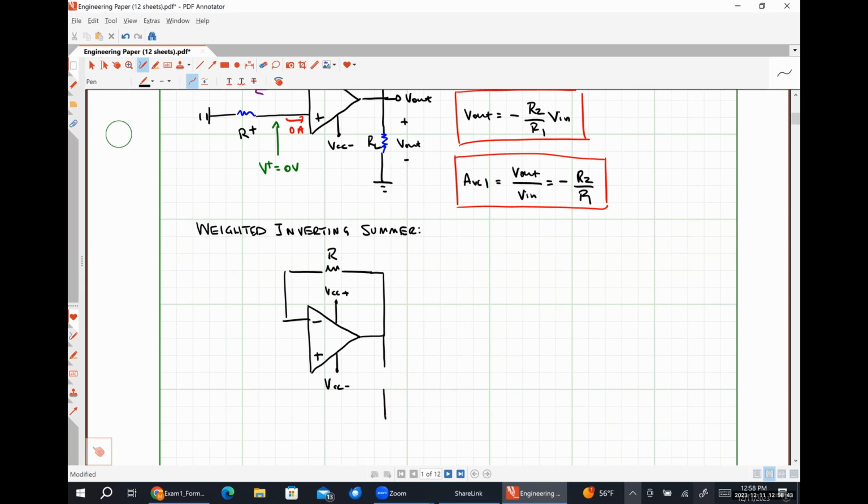We may have some load resistance that we're paying attention to, R sub L. Let me go ahead and take care of this guy as well. We might have some resistance that I've been calling R plus over here to handle our bias currents.